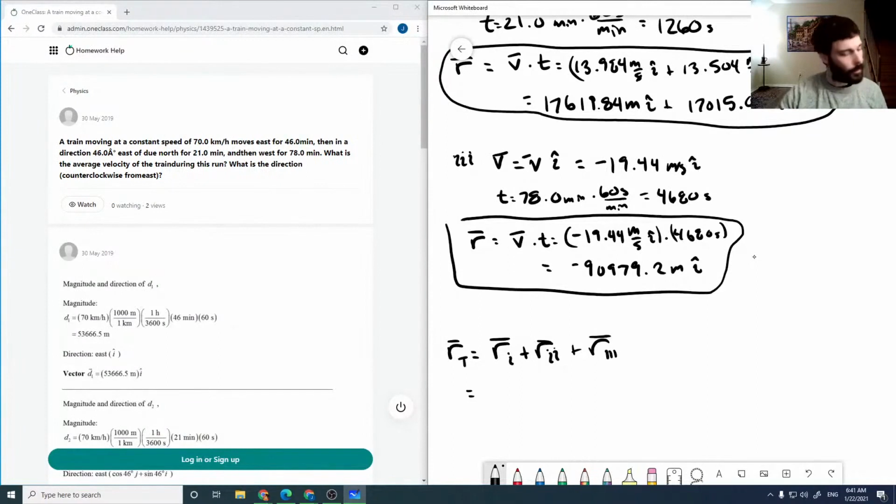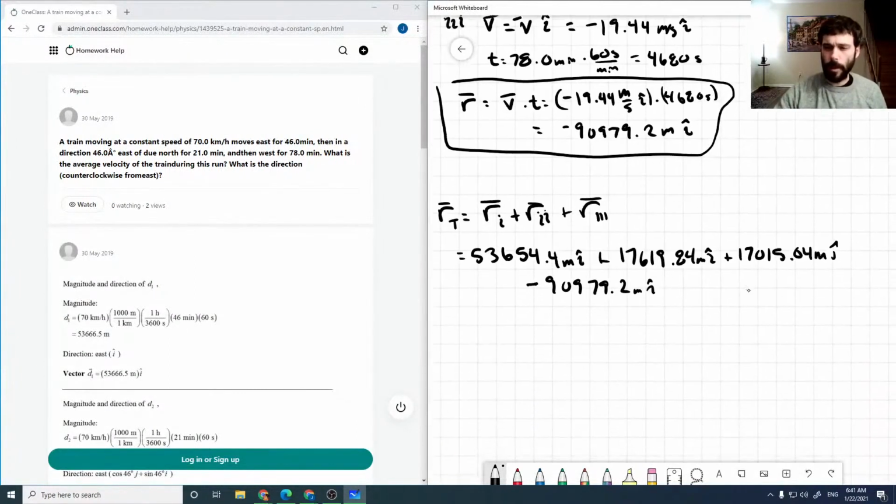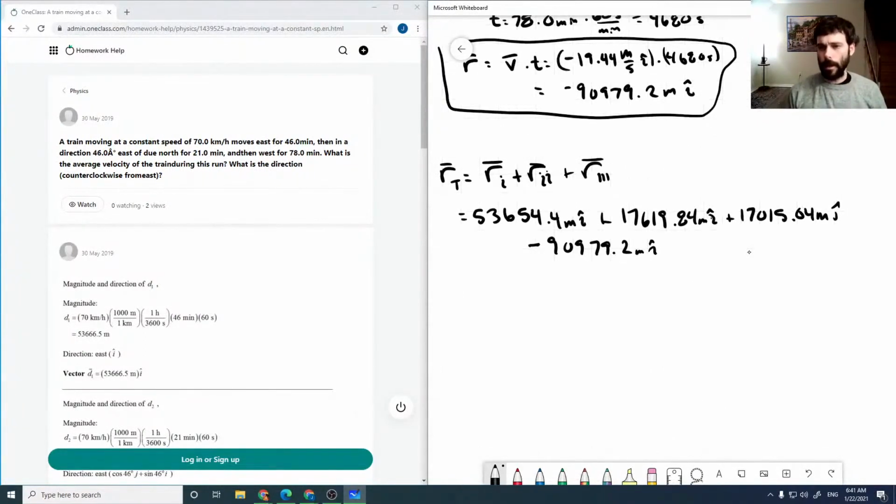So our first one was 53,654.4 meters in the I hat. Our second one was this guy, and our third one that we just calculated was this guy. So we just sum these all up, remembering that I hats go with I hats and J hats go with J hats. In this case, we only have one.